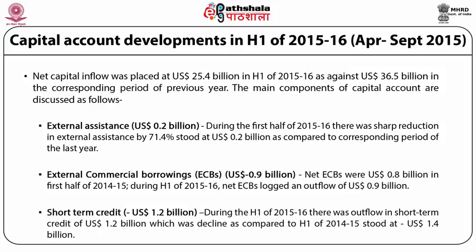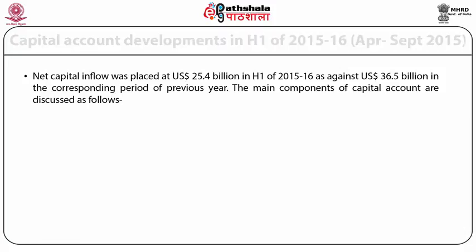Short-term credit: during the first half of 2015-16, there was an outflow in short-term credit of 1.2 billion US dollars, which was less as compared to the figure of the corresponding previous year, that was 1.4 billion US dollars.